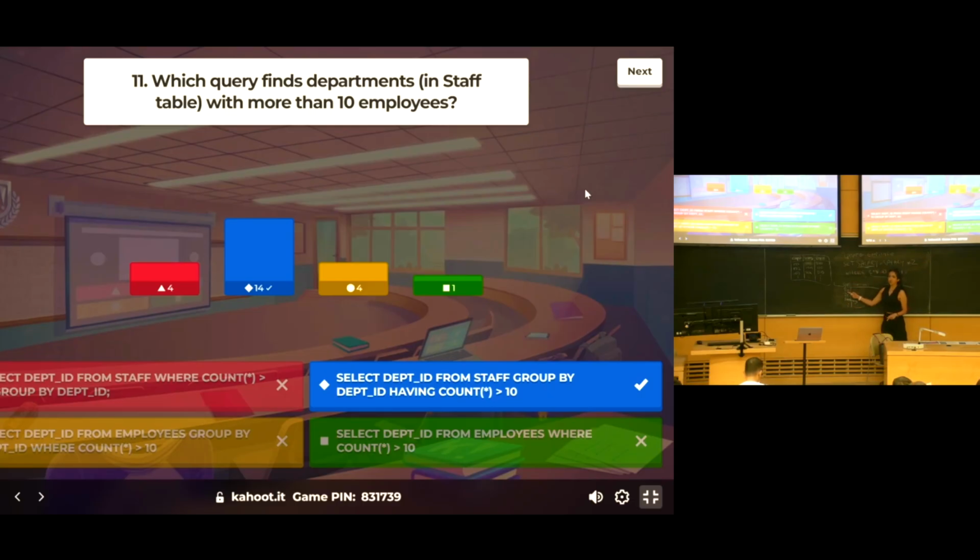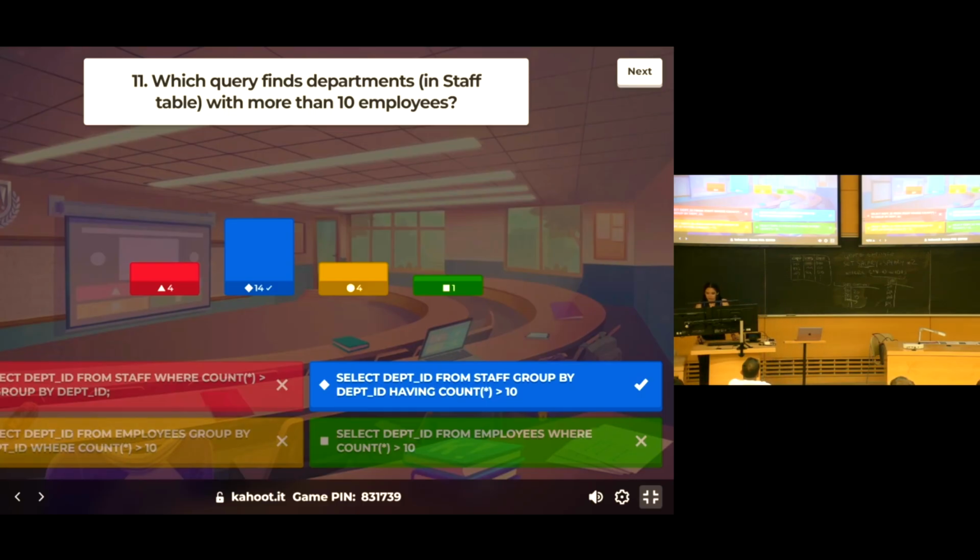So you have to group by department, and after you use group by, or after aggregation, you are having a condition. That's why you're using having, right? So that's the difference between having and where. Where comes before aggregation, so that's a filtering before aggregation, but having is after aggregation.